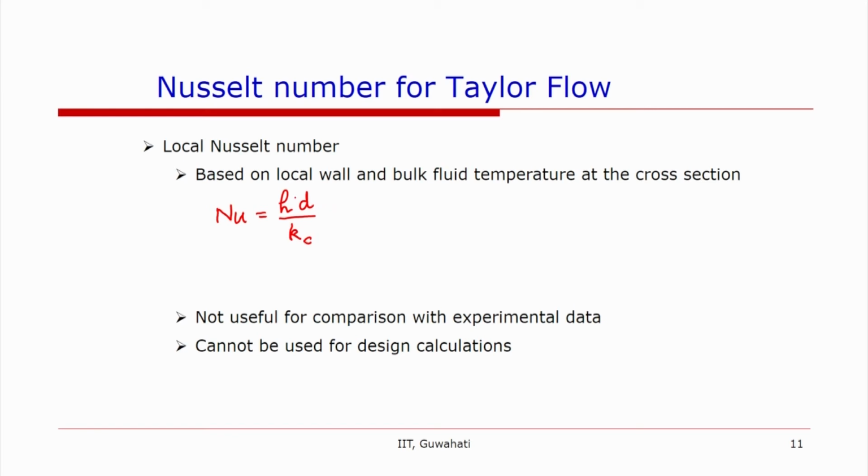Now, h is defined as Q wall over T wall minus T bulk. So, we will be defining these definitions for the H boundary condition. Most of the discussion that we will have in this lecture will be based around the constant wall heat flux boundary condition. So, this Q wall is available from experiment.